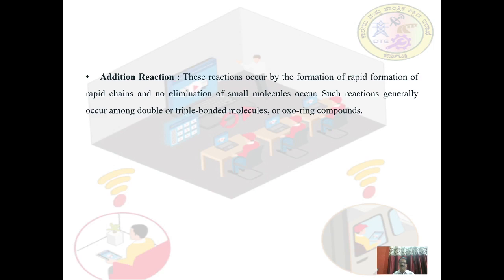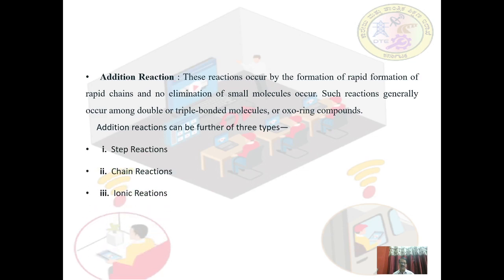Such reactions generally occur among double-bonded or triple-bonded molecules or oxo ring compounds. Addition reaction can further be of three types: one, stepwise reaction; two, chain reaction; and three, ionic reaction.